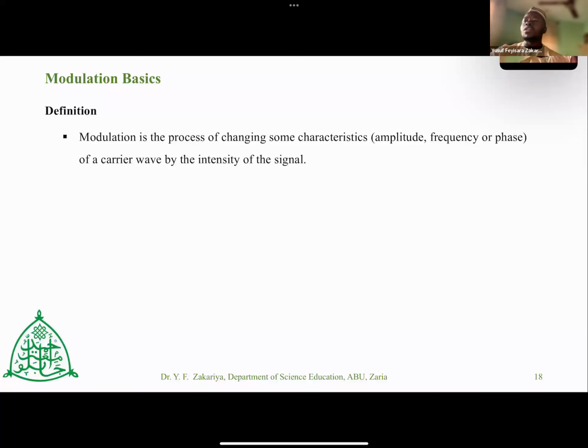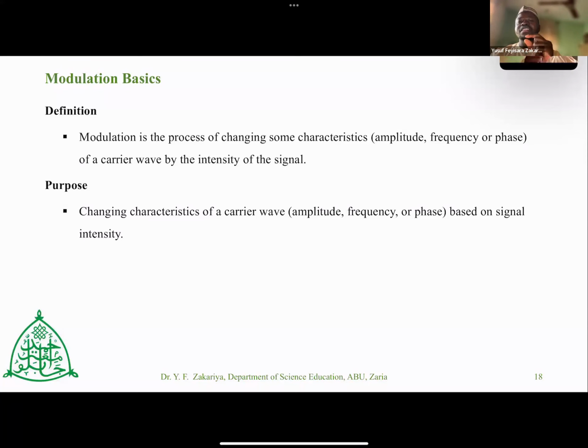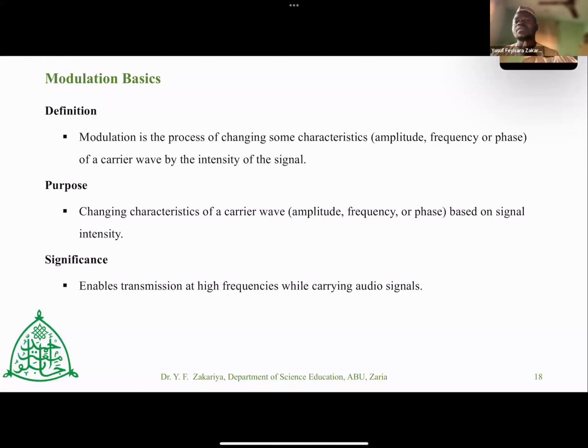One of them is what we call modulation, where the frequency with which I speak, the amplitude with which I speak, and the phase angle at which I speak have been modified so that you can hear me exactly the way I say it. All right? So the purpose of this is changing characteristics of a carrier wave based on the signal intensity, that's what we want to gain. And the significance is that it enables transmission at high frequencies while carrying audio signals.